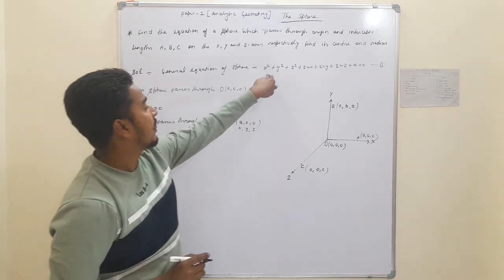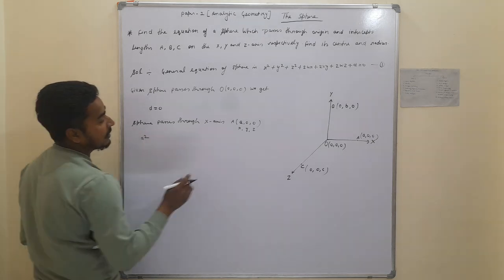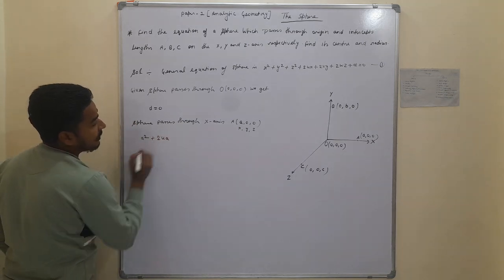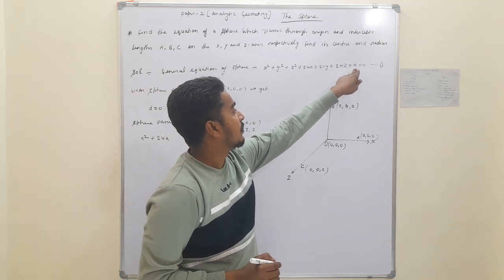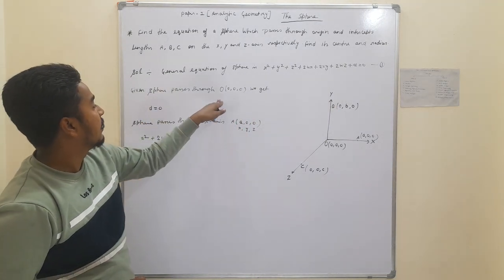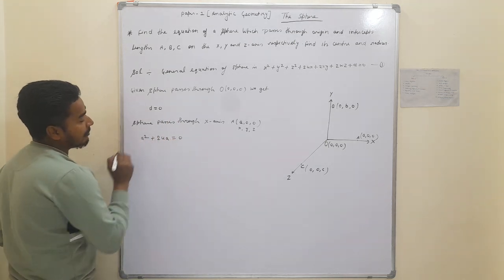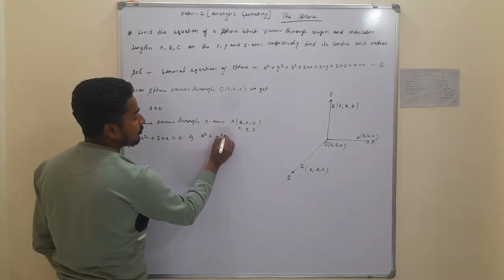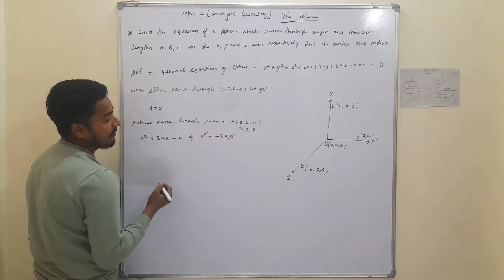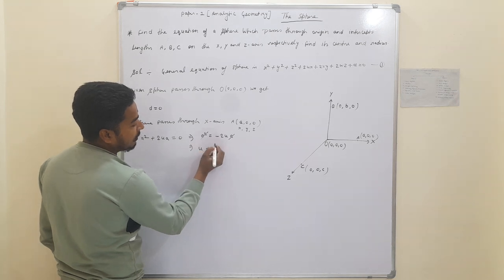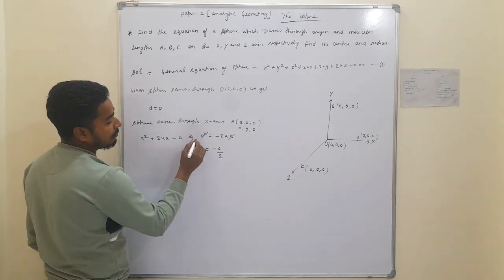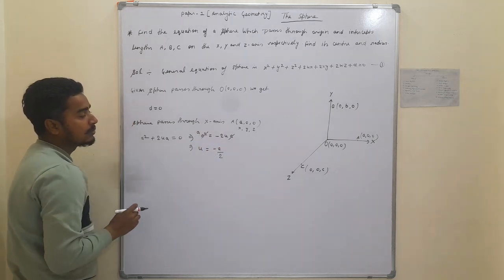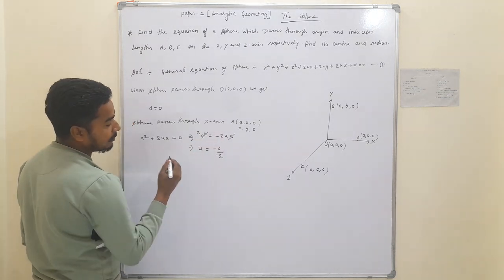Putting this in the sphere, we get a square plus 2ua, and 2vy and 2wz are 0, and d is 0 as found earlier. So a square plus 2ua is equal to 0, so a square is equal to minus 2ua. Cancelling a, we get a is equal to minus 2u, so u is equal to minus a upon 2.